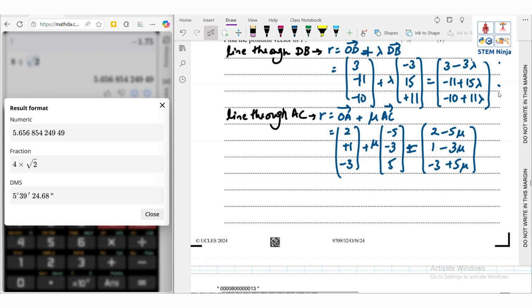Alright, so now we equate these one by one. So 3 minus 3 lambda is equal to 2 minus 5 mu. Minus 11 plus 15 lambda is equal to 1 minus 3 mu. When we bring unknowns on one side, you will have 5 mu minus 3 lambda equals 2 minus 3, which is minus 1. Then we have 3 mu plus 15 lambda equals 1 plus 11, that is 12.